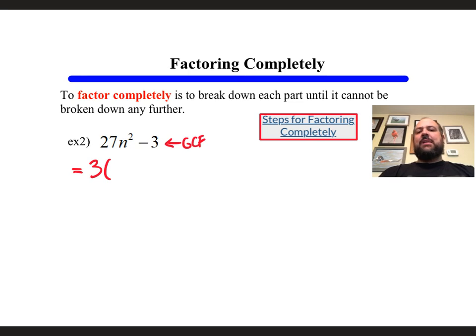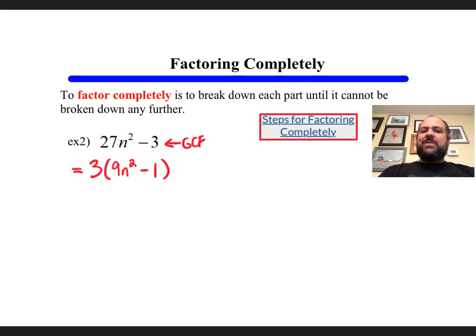If I factor the 3 out of 27, that becomes 9n squared. And if I factor the 3 out of 3, I can't just leave it blank. I have to have something else. Well, that leaves me with 9n squared minus 1, because that's what we multiply the 3 by to get back to 3.